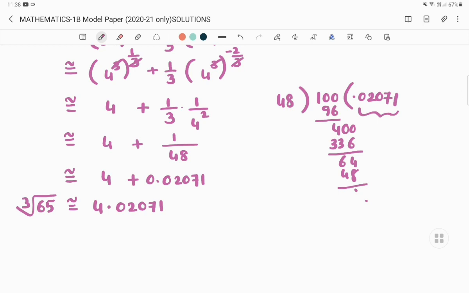Because if you add one more 48, 8 times it will be divisible, no? So 48 times 8 is 384, 384 is enough. So 16 will be left.